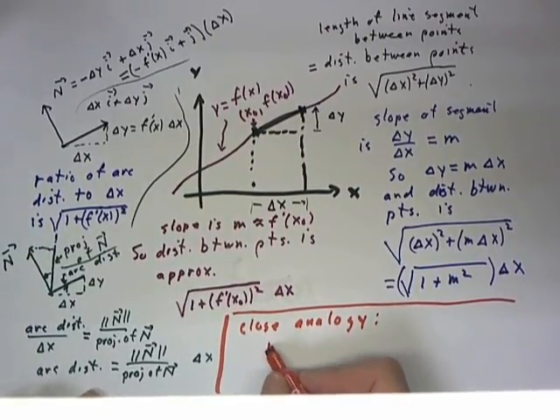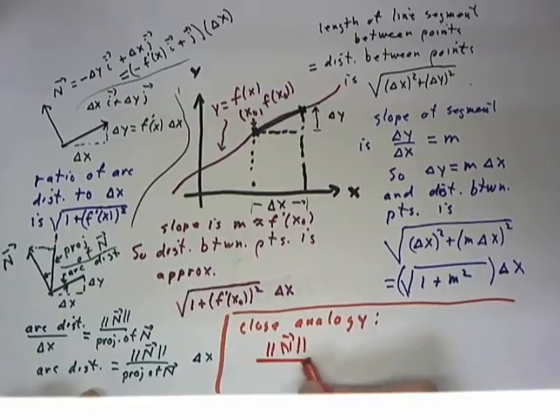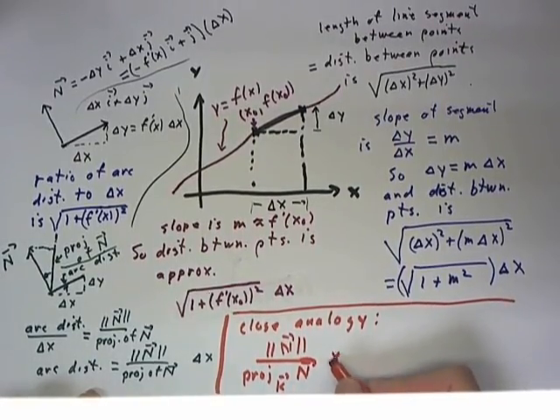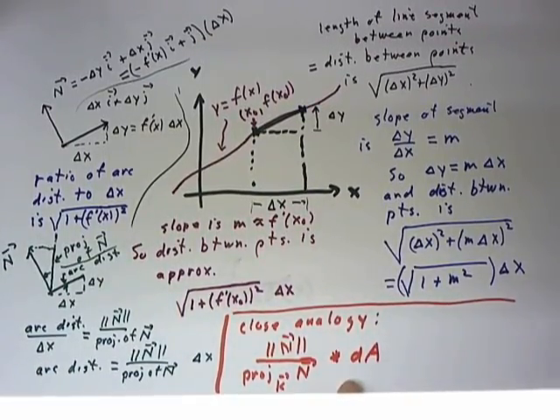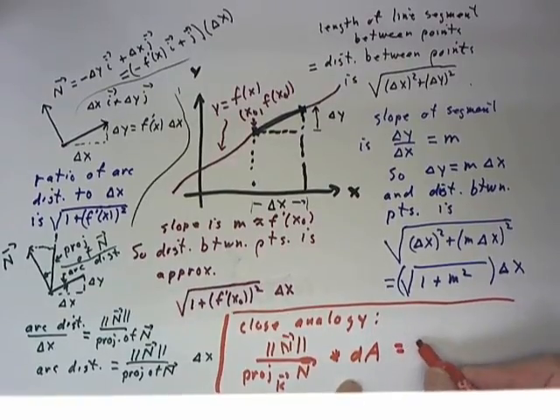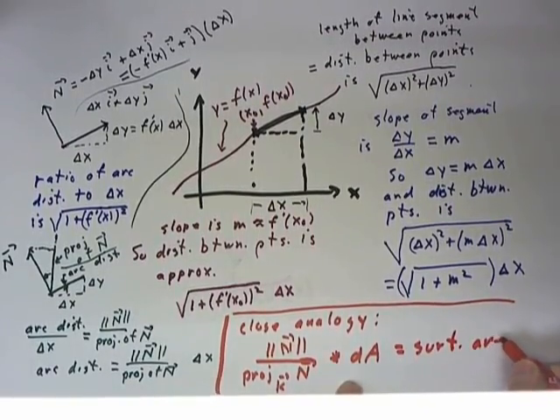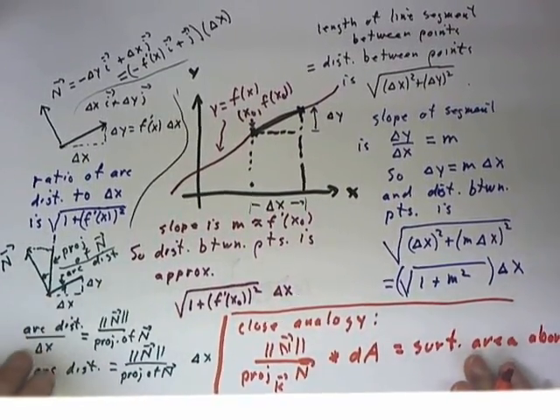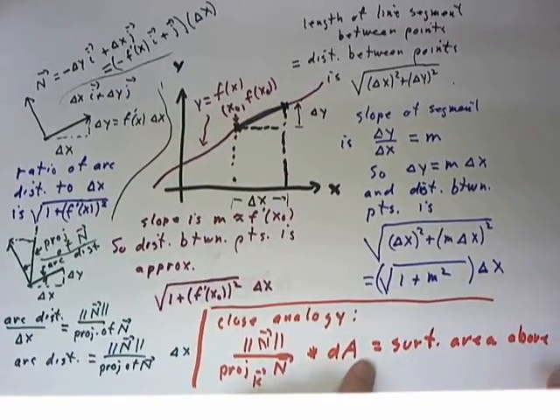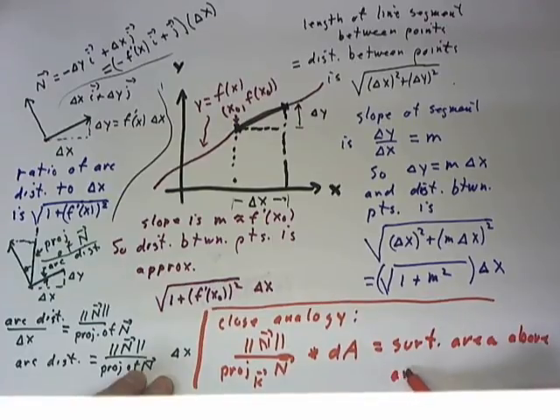The magnitude of n divided by the projection onto our k vector of our normal vector multiplied by an area increment in the xy plane, or in an r theta plane if we prefer, is equal to the surface area lying above our area increment.